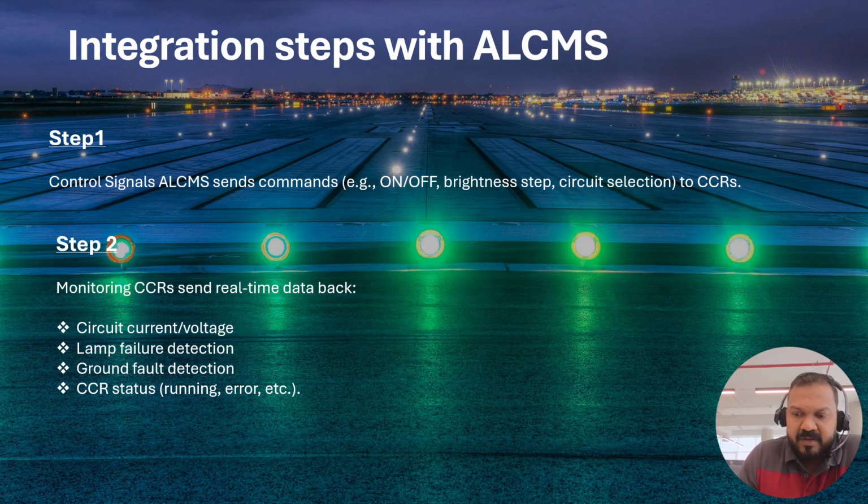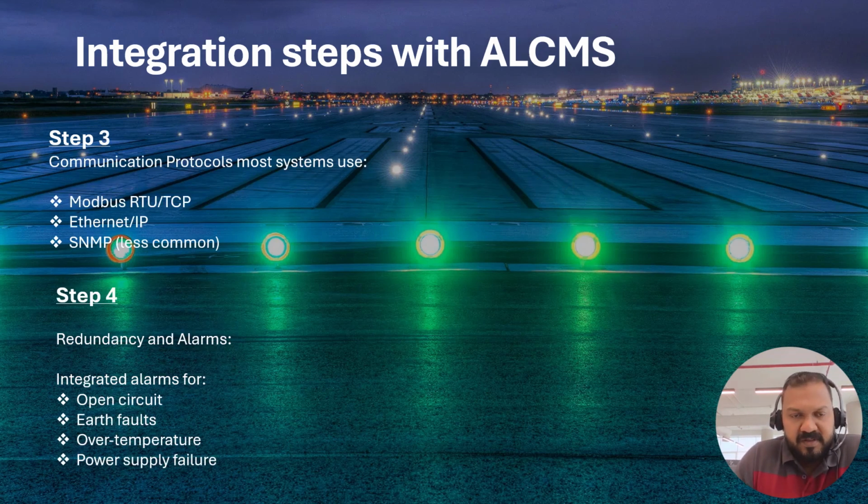There are 4 functions that can be monitored in step 2. Step 3, communication protocol: mostly Modbus and Ethernet, SNMP. SNMP is less commonly used here. And step 4, redundancy and alarm. Integrated systems: open circuit, earth fault, over temperature, power supply failure. These are the things that come under step 4.